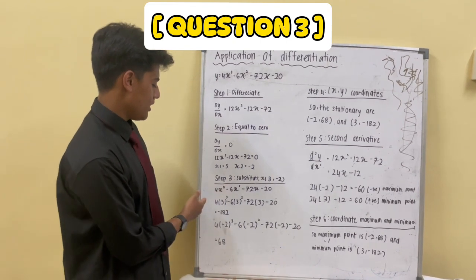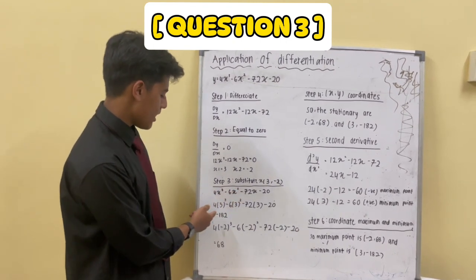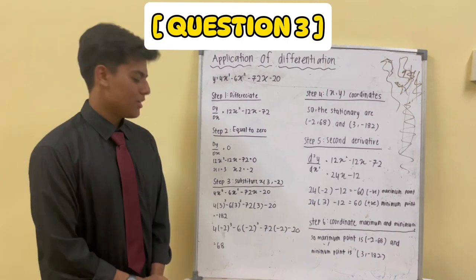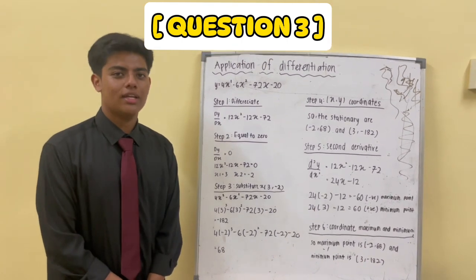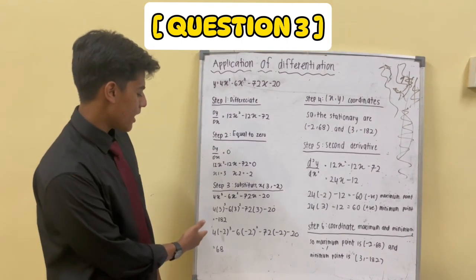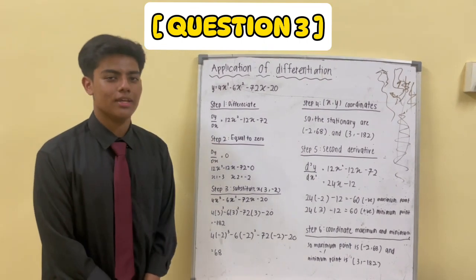For the first x we get minus 182, and for the second x we got 68.